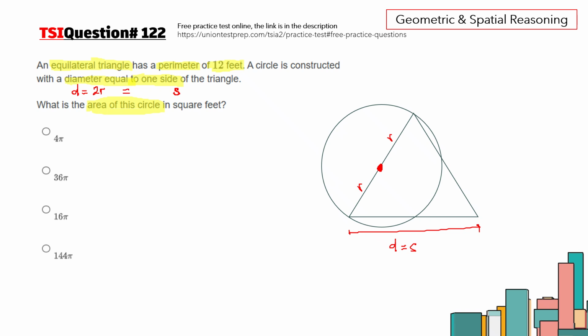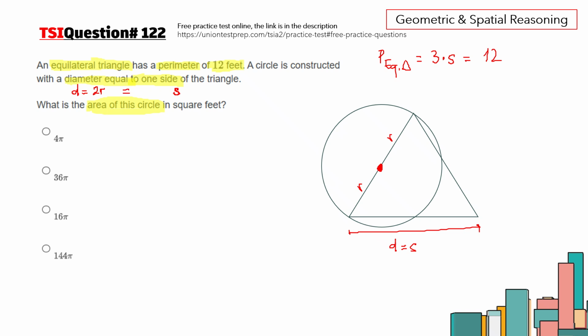The perimeter of the triangle is the sum of the three sides, and they are equal to each other. So the perimeter of this equilateral triangle will be 3 times the measurement of a side, and that equals 12.